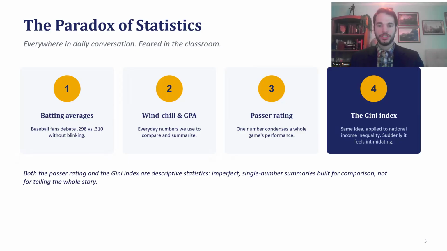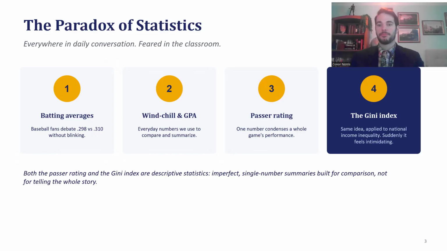So the Gini index is difficult to calculate, but we use it the same way you would use a passer rating, the same way you would use GPA. It might feel harder because of the label of economics, but in practice, the way we would use it to compare isn't any different. We can use the Gini index to compare income inequality in a single society over time, or we could use a snapshot of multiple societies and compare them to each other.